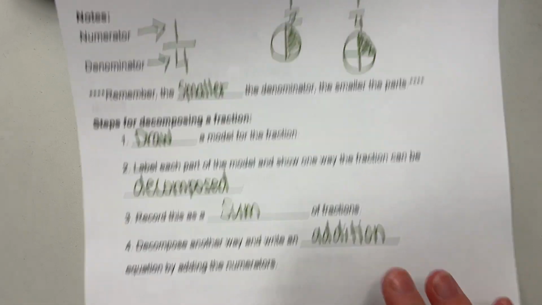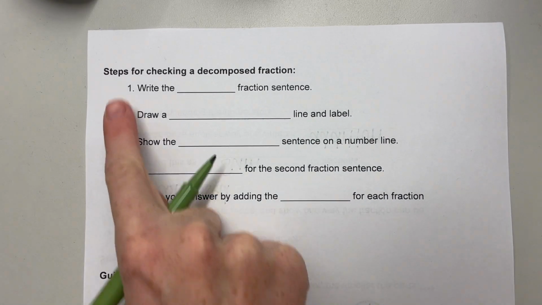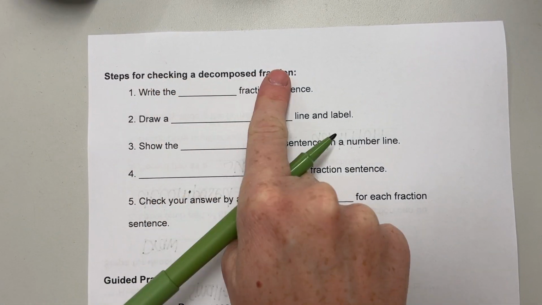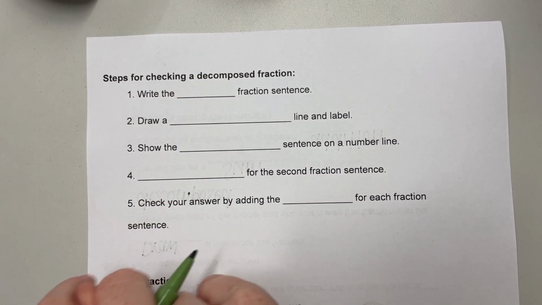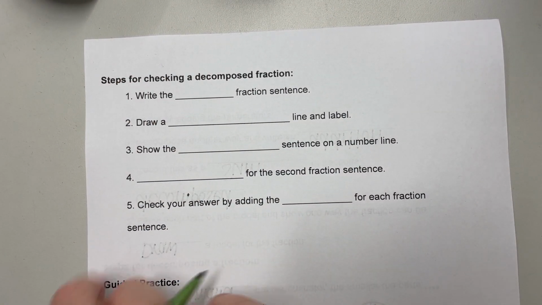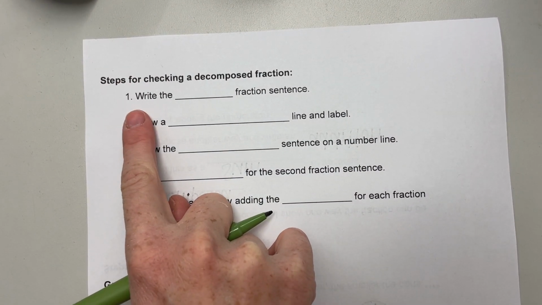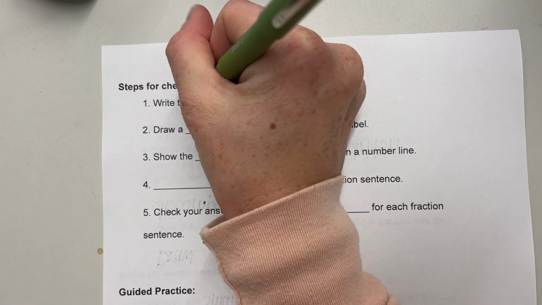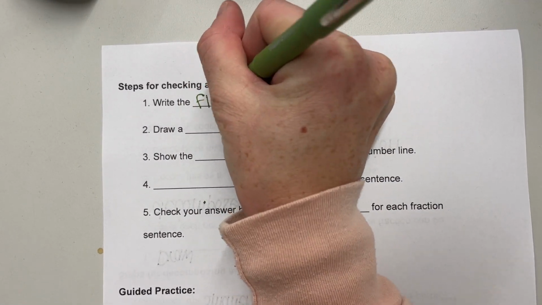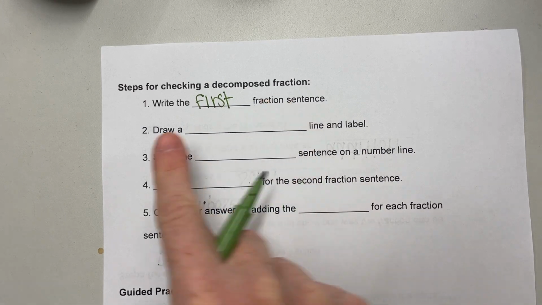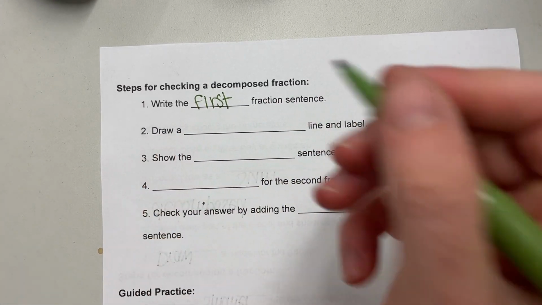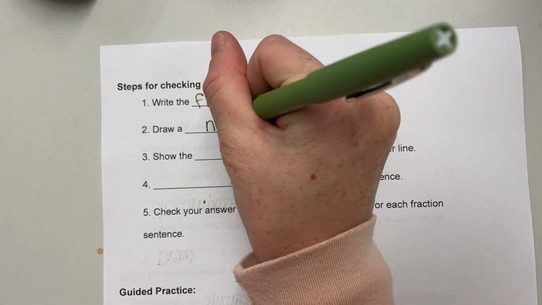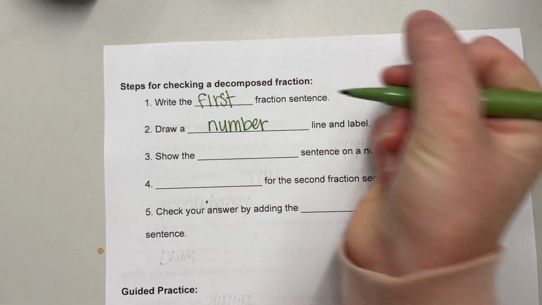Okay, now we're going to do the second set of steps. This is steps for checking a decomposed fraction. So we're going to have 2 different types of problems, so we need 2 different types of steps for this lesson. First one is to write the first fraction sentence. Second one is to draw a number line and label.